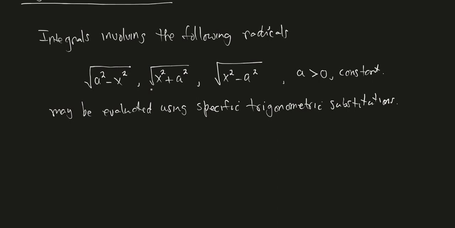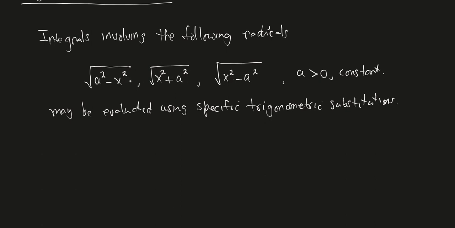Now, if you think back to, let's say, either geometry or trigonometry that involved right triangles, expressions like these came up all the time. And depending on which side of the right triangle you were finding, you would have ended up with one of these three radicals.